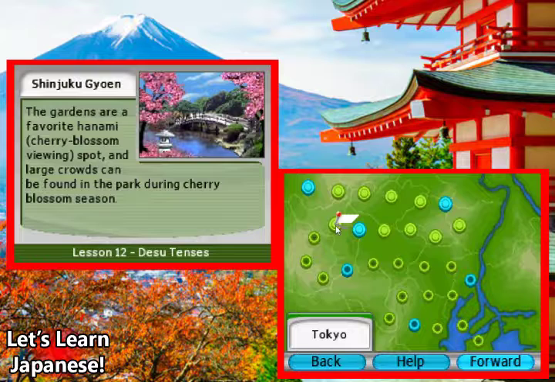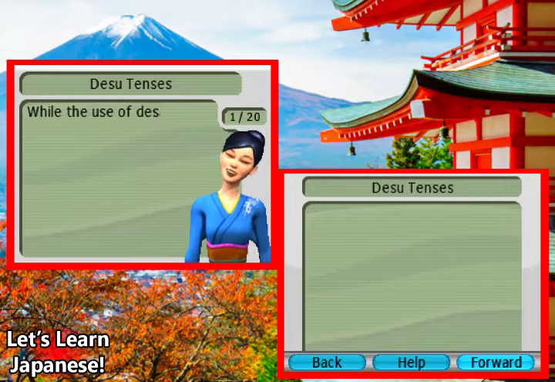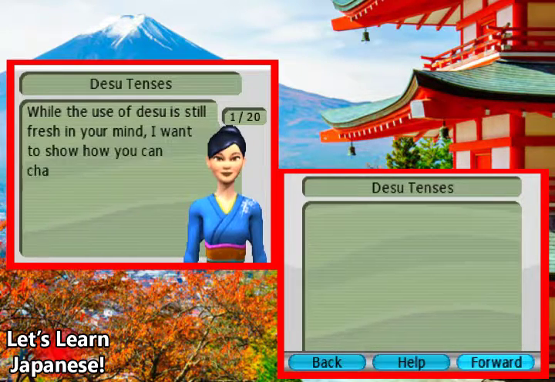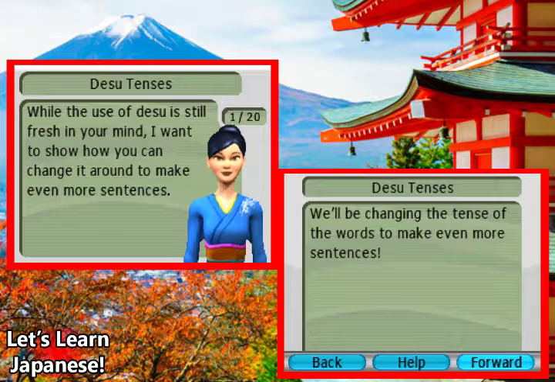In today's episode, we are going to learn about tenses. So let's learn what that means. While the use of desu is still fresh in your mind, I want to show you how you can change it around to make even more sentences. Great. I love more sentences.